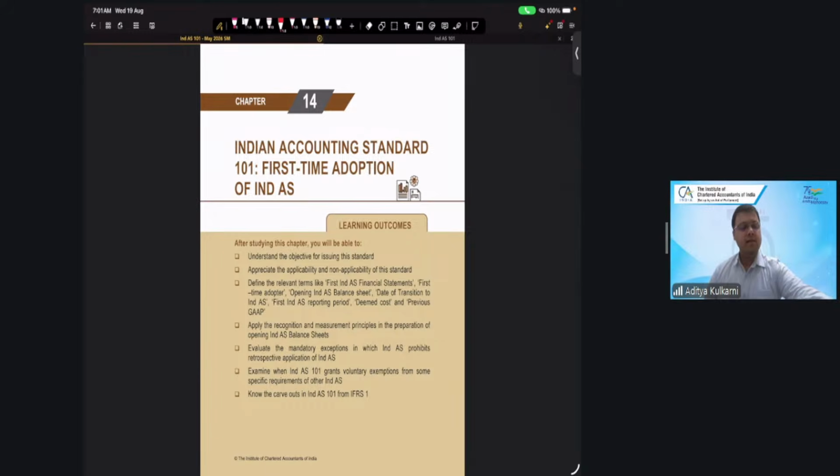So this standard generally we take towards the end because what is important is you get an idea of your ICAP regime from the intermediate that you would have studied, and you get a complete idea of Ind ASs in the final in the chapters that you would have studied, and you are fairly conversant with what the gaps are between the erstwhile regime and the new regime.